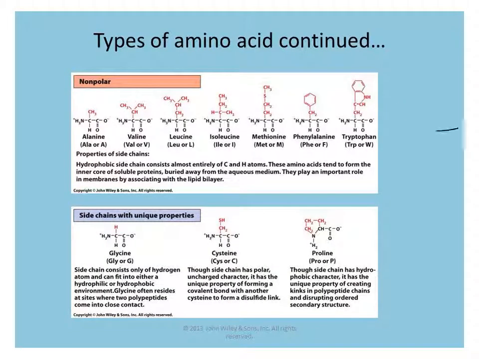And then we also have a group of amino acids that are considered nonpolar, and then some that are unique. So these 20 different naturally occurring amino acids are divided into separate groups based on their properties that they might add to the amino acid in regards to their R group if they're polar or nonpolar.